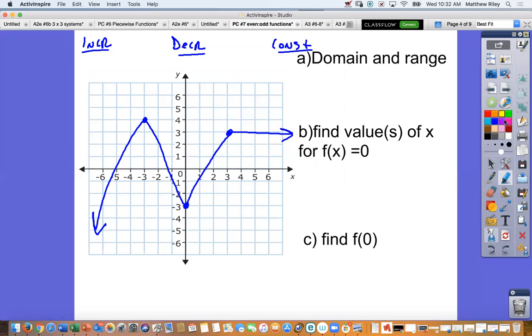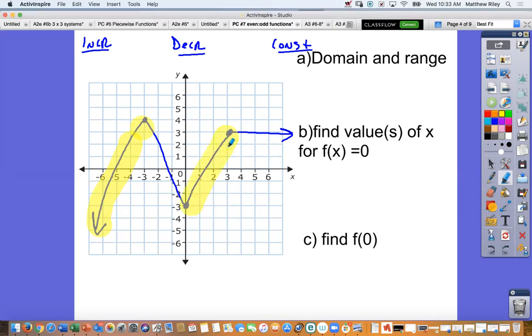So let's look for increasing ones first. Well, I see that it's increasing here. Does everybody agree with that? Is there anywhere else where it's increasing? Between 0 and 3.